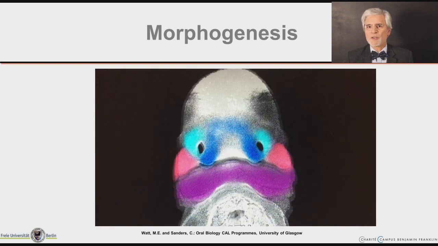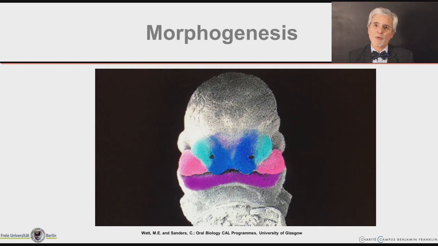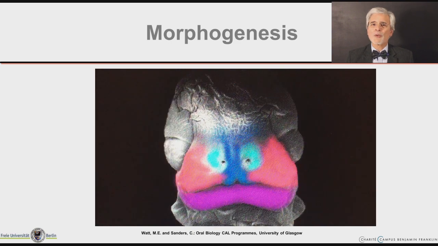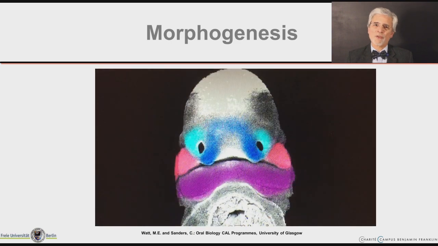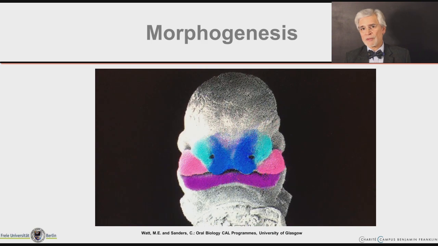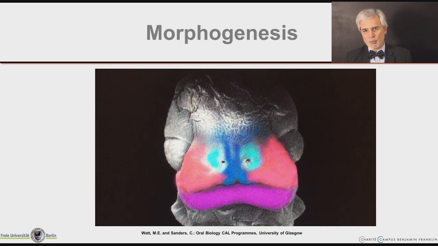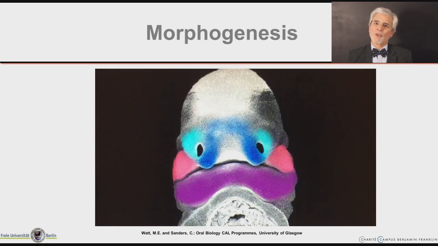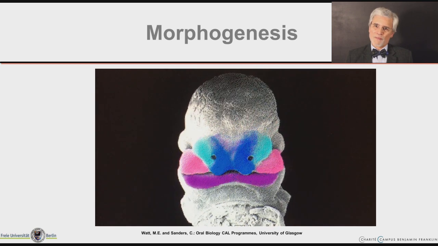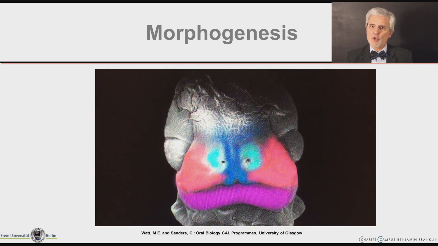The individual parts of the face are colored, and you can see very nicely how the two pink colored parts of the maxillary bulge come together from the right and from the left, and the nose is pushed together and the eyes come into view forward. Now, this is not a human. The eyes are not coming that far forward. It's a rabbit embryo as far as I remember.